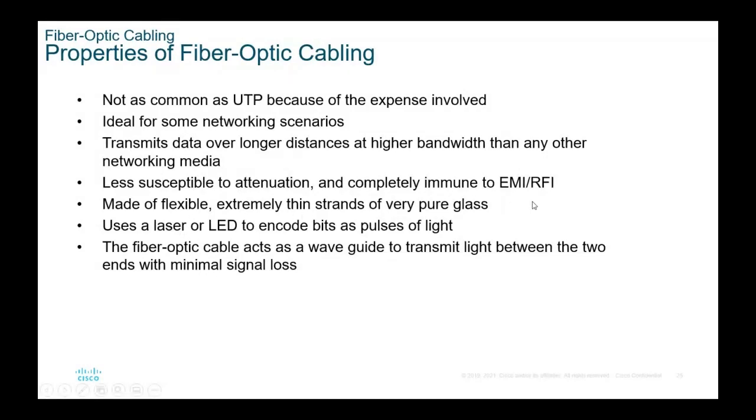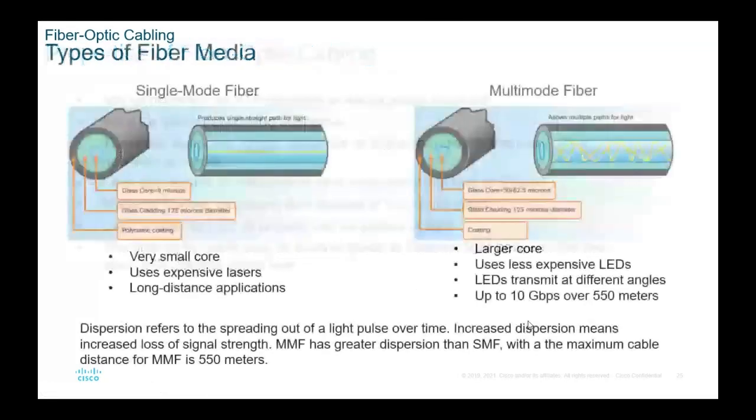It's less susceptible to attenuation because it really is immune from electromagnetic or radio frequency interference. It's made of flexible, extremely thin strands of pure glass, and uses lasers or LEDs to encode the light. The fiber optic cable acts as a waveguide and transmits the light between the two ends. So the middle is glass, and they basically shine a laser or LED through it.